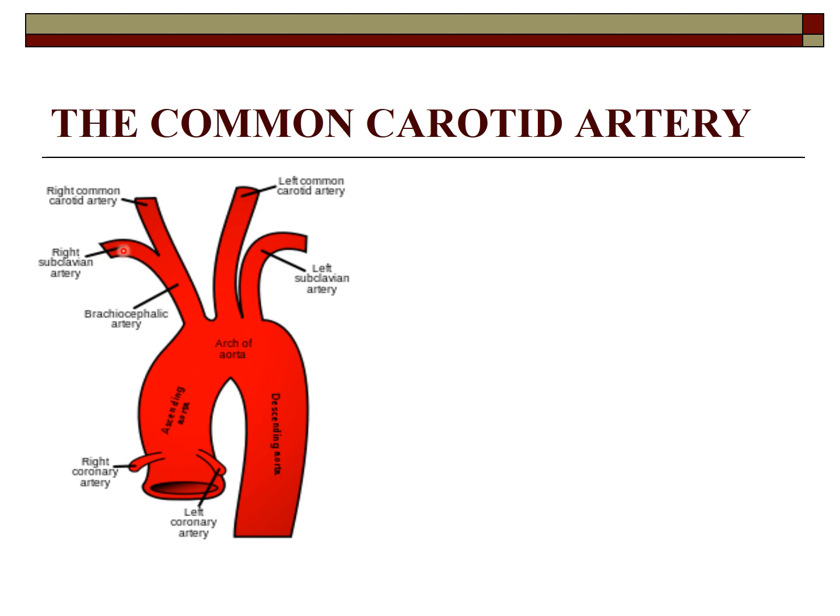So if I ask you what is the origin of the common carotid artery, where does it begin? The right one begins from the brachiocephalic. It's one of the two terminal branches of the brachiocephalic artery, while the left common carotid is longer because it begins from the aortic arch.